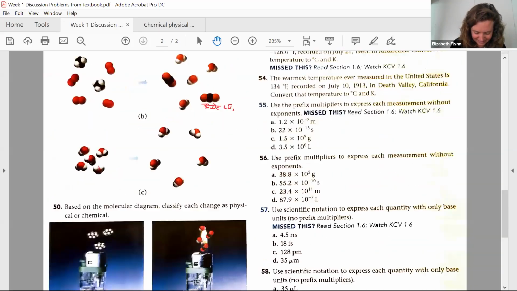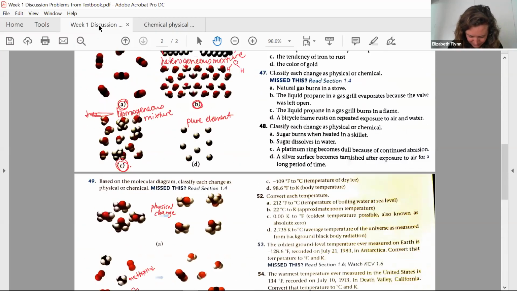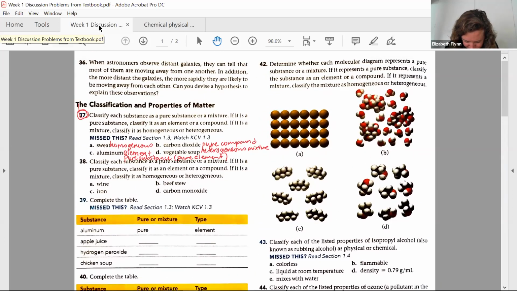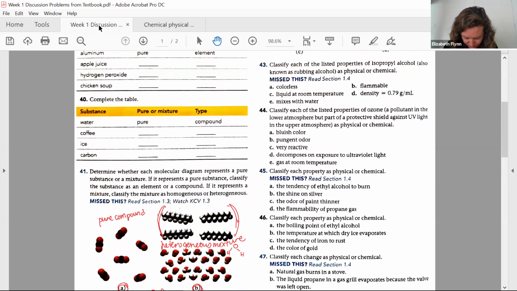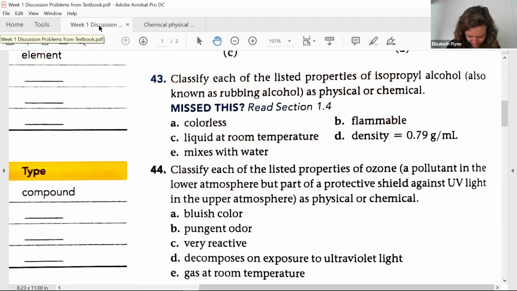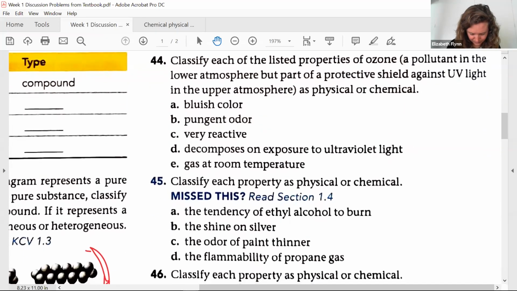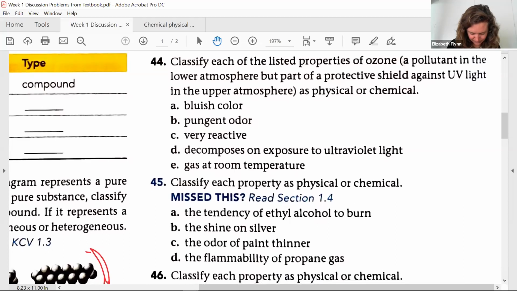All right, let's do some worded ones. There are word problems, always. Okay, let's look at 44 and 45 right here.